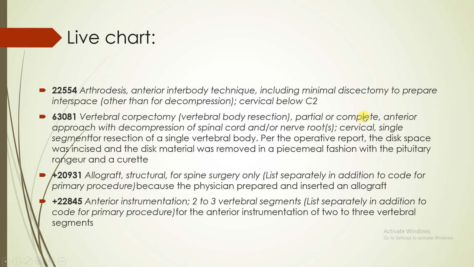Okay, partial or complete, anterior approach with decompression of spinal cord and nerve root, cervical, single segment, resection of a single vertebral body. Okay, so per the operative report, the disc space was incised and the disc material was removed in a piecemeal fashion with the pituitary rongeur and a curette. Okay, so as the percentage is more than 50, we need to code 63081 separately.